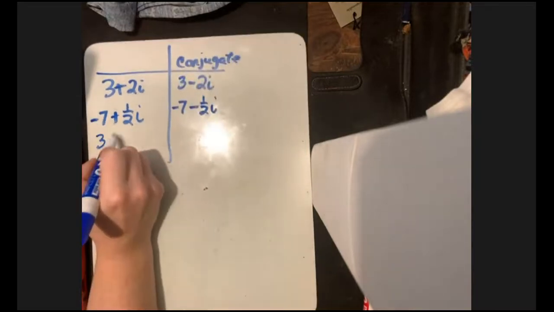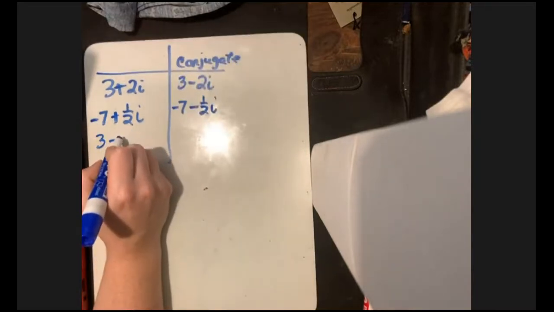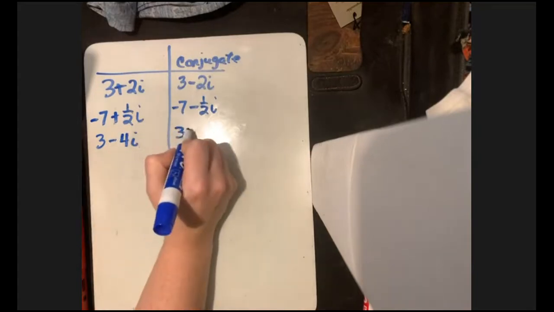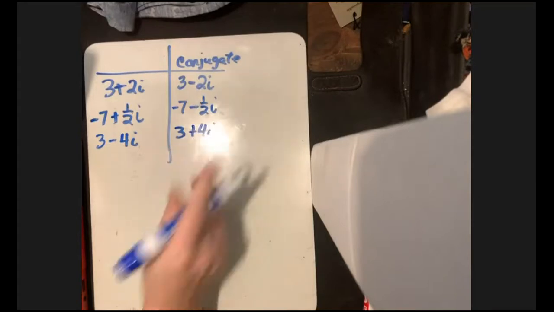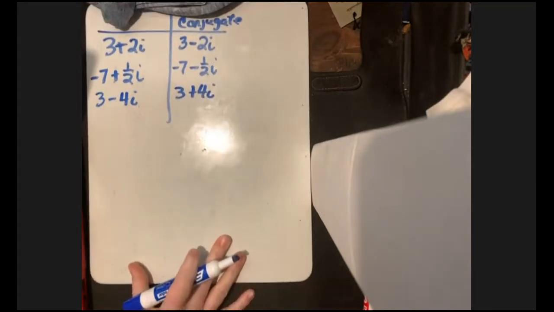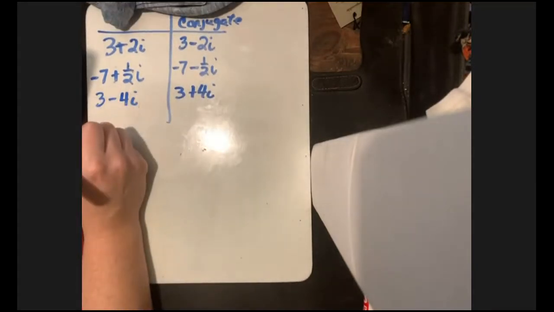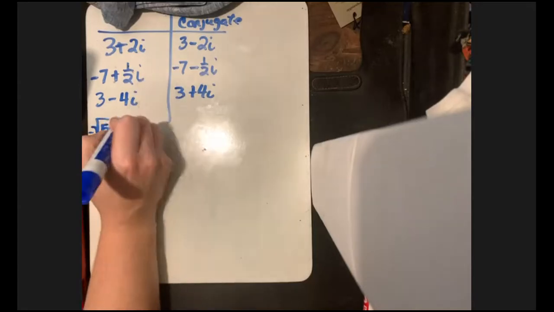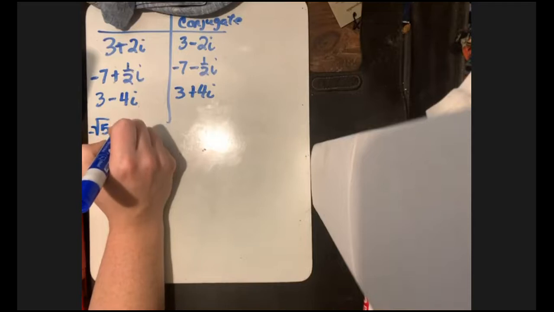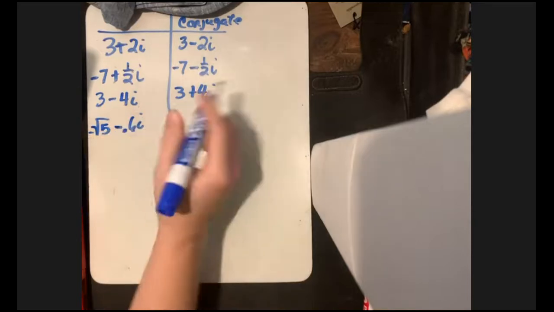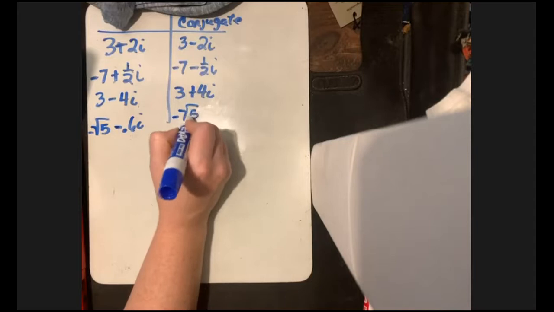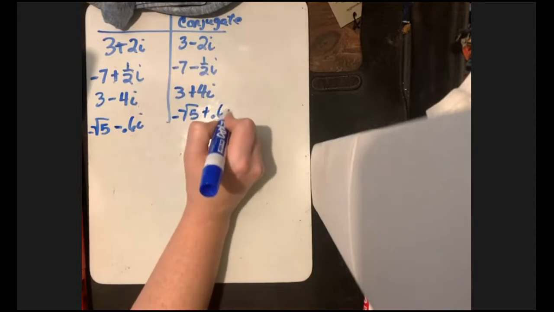If I had 3 minus 4i, then it's 3 plus 4i. And then if I had negative square root of 5 minus 0.6i, then I would have negative square root of 5 plus 0.6i.